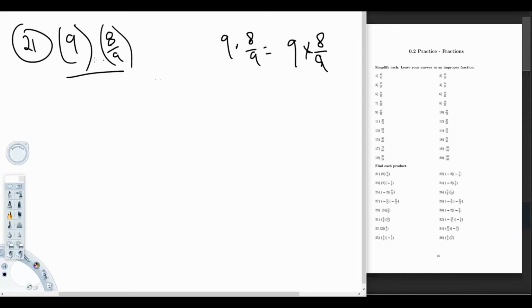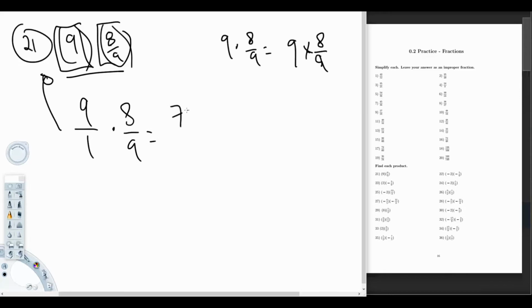Let's do this. Anytime you see a number that is not a fraction and you're multiplying by a fraction, what you do is you put a 1 under it. Anything divided by 1 is that number. So 9 divided by 1 is 9, right? Multiplied by 8 over 9 equals 72 over 9.